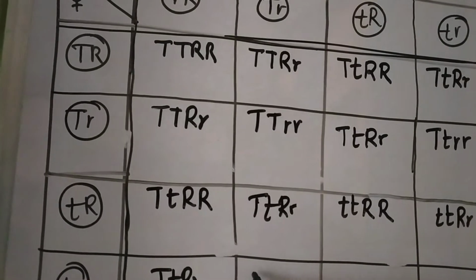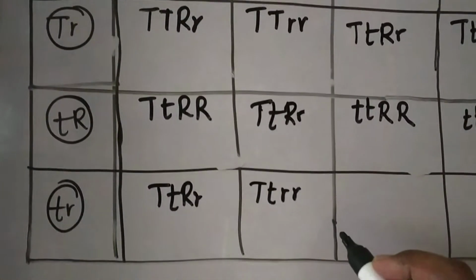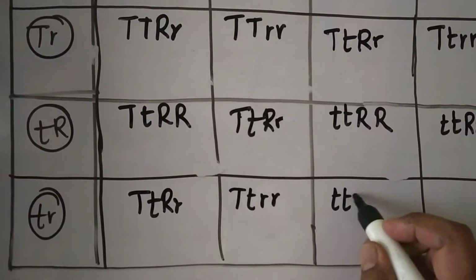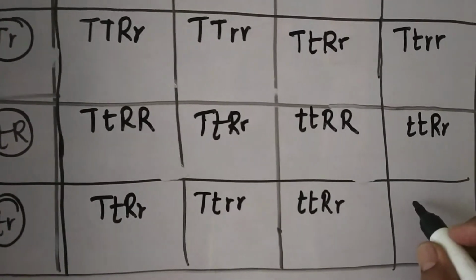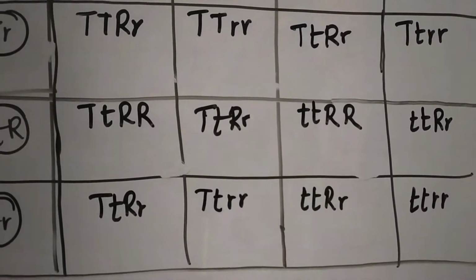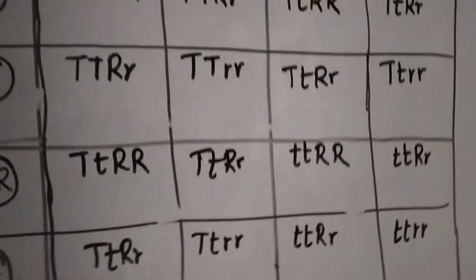Here capital T, small t, then small r, small r. Okay. Here small t, small t, capital R, small r. And this is double homozygous, small t, small t, small r, small r. Double homozygous recessive.